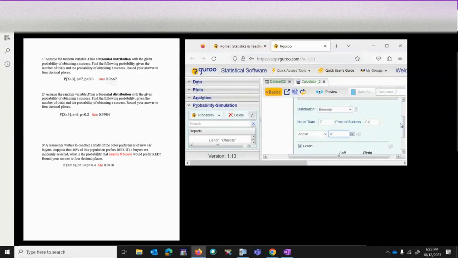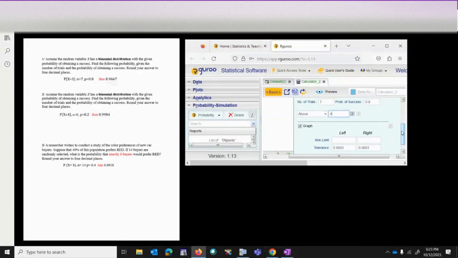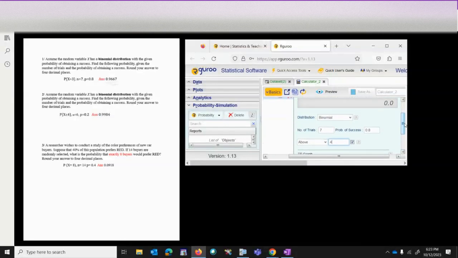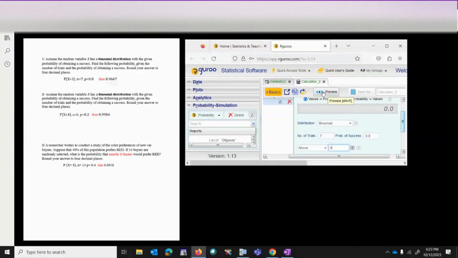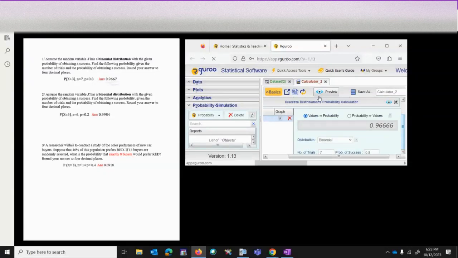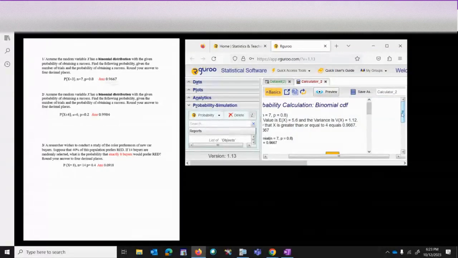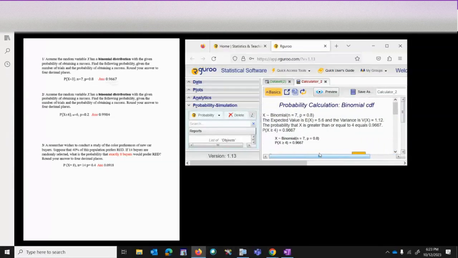Now everything looks good to me, so I put everything in place. Just go ahead and see the preview. Look at the answer. The expected value is given as 5.6.